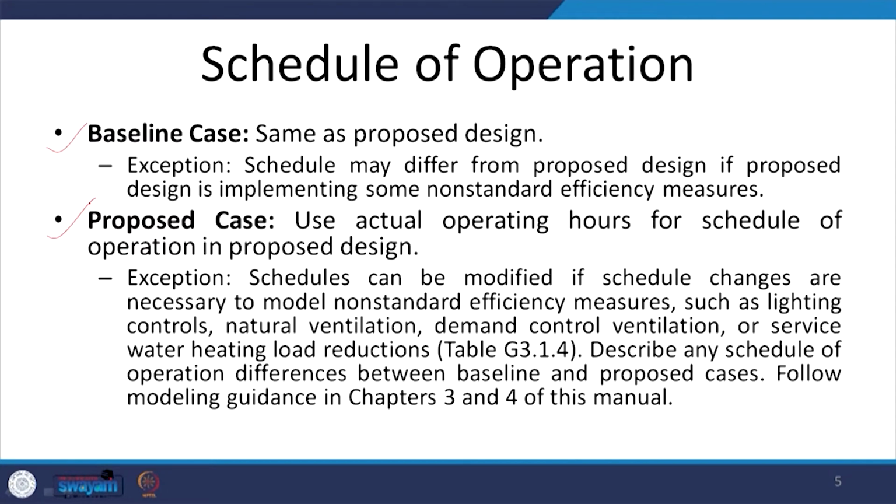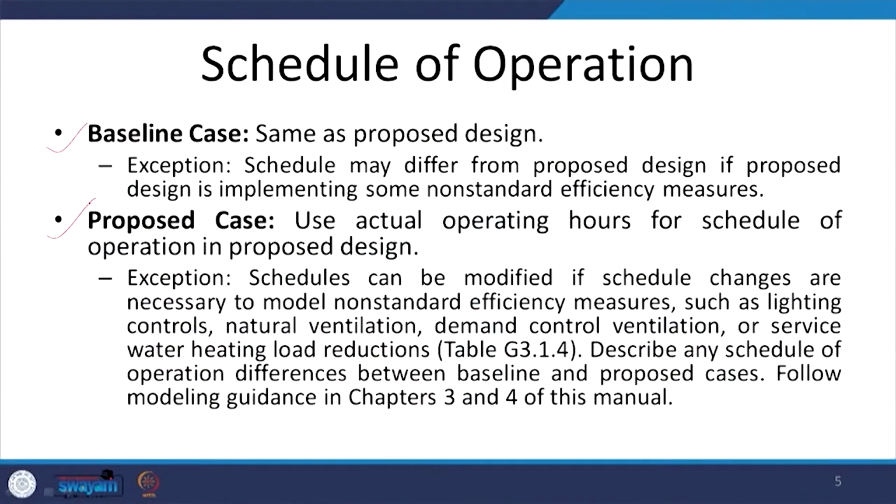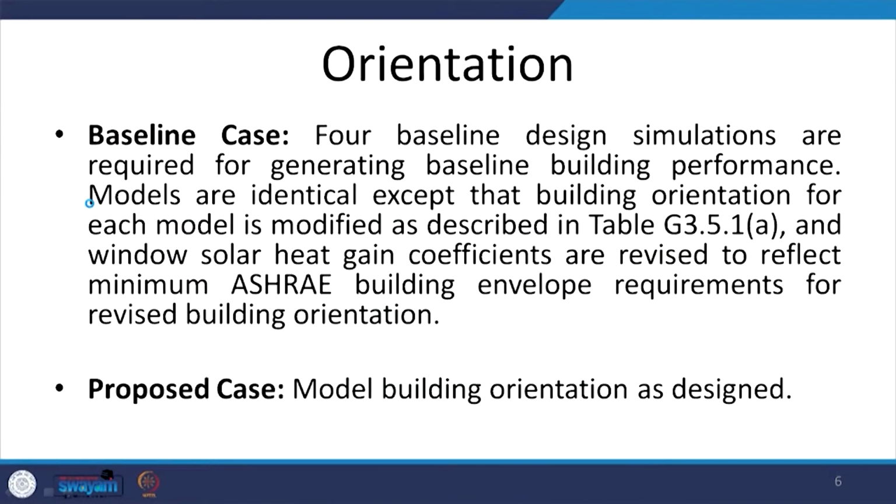For example, if lighting controls are added, the schedule for lighting control which is given in the proposed case will not be the same as in the baseline case, because this is something being done over and above the standard efficiency measures. So, lighting controls, natural ventilation control or demand control ventilation will all be incorporated in the proposed case, but not in the baseline case.